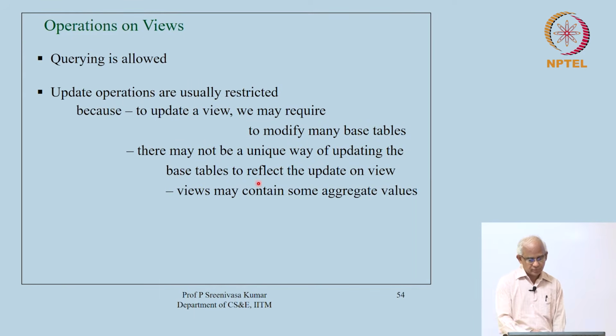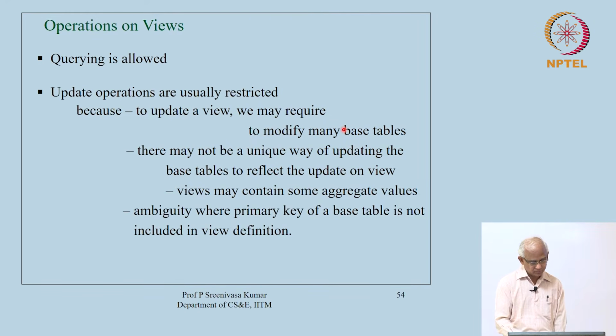Also, there may not be a unique way of updating the base tables to reflect the update on the view. And sometimes views may also contain some aggregate function values, in which case it does not make sense. So, I will give you examples for all these things now.